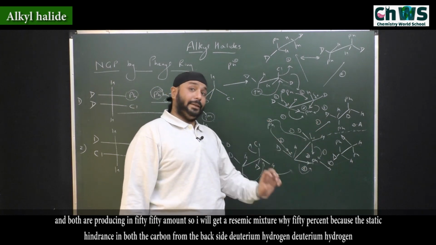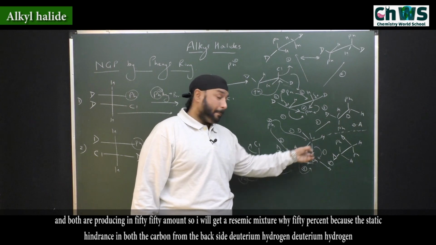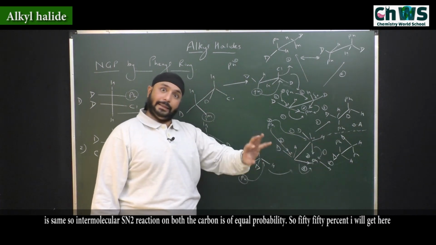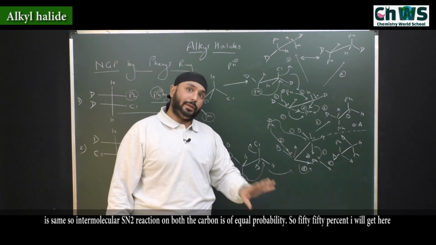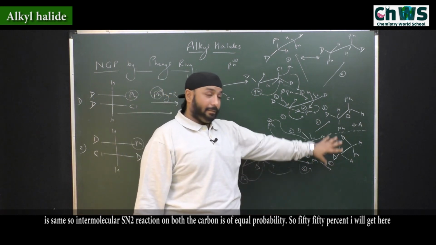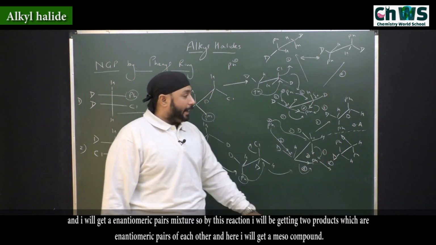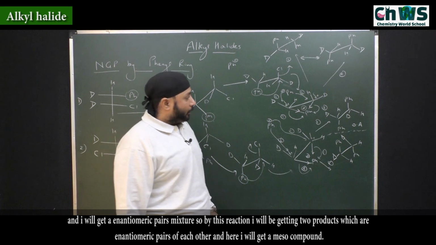Why 50-50%? Because the steric hindrance in both the carbons from the back side, deuterium and hydrogen, is the same. So intermolecular SN2 reaction on both the carbons has equal probability. So both will come 50-50% here, and I'll get an enantiomeric mixture, right?